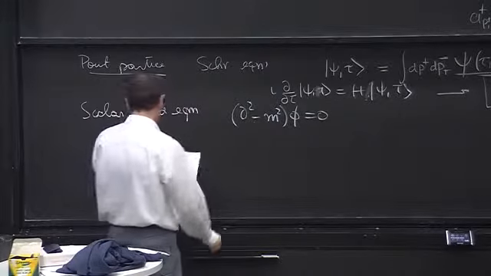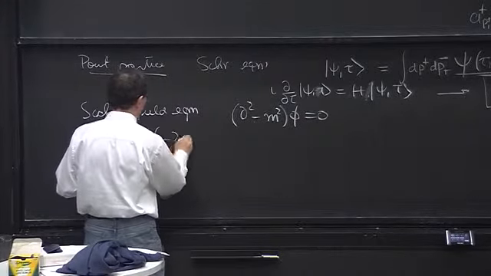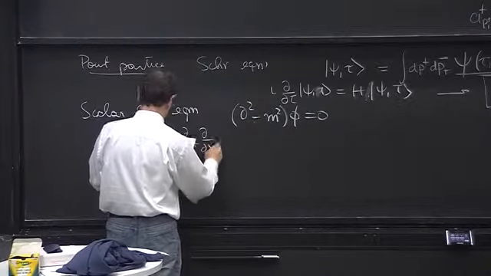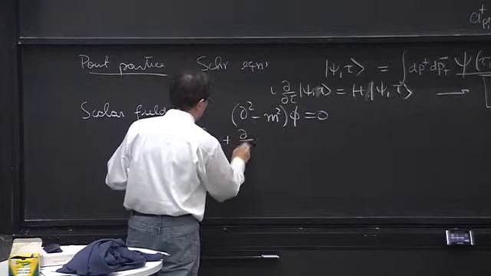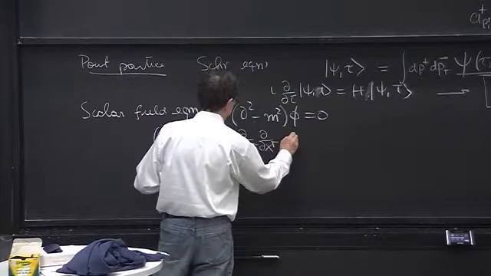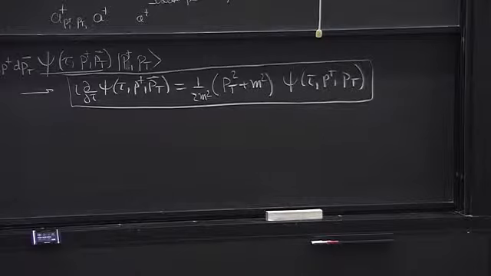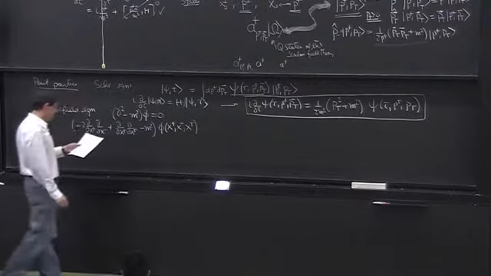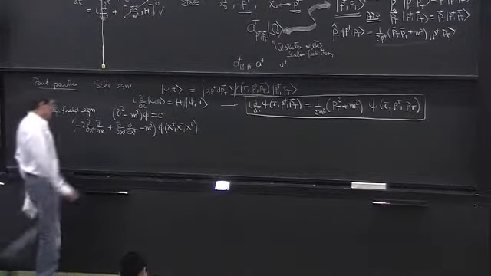Well, let's look at it in the light cone. This is minus 2 d/dx plus d/dx minus plus d/dx transverse squared minus m squared, times a phi that depends on x plus, x minus, and x transverse, equals 0.